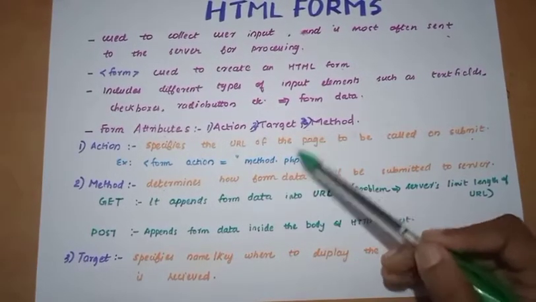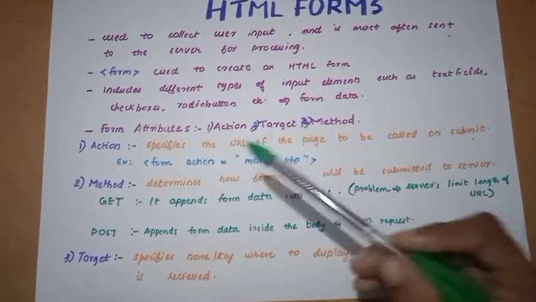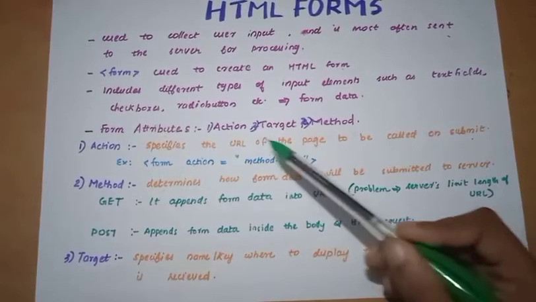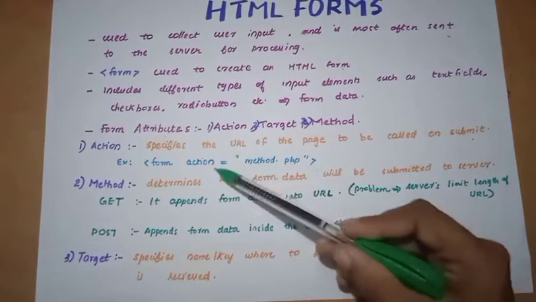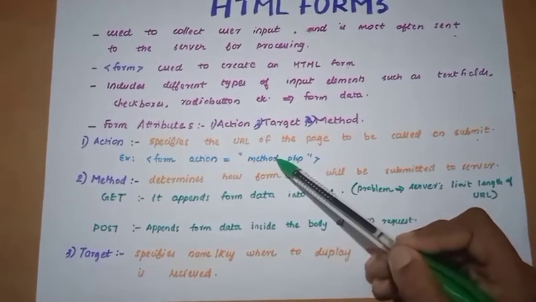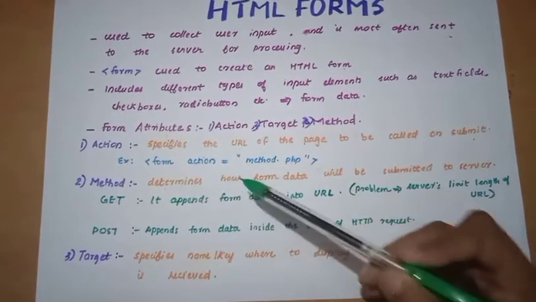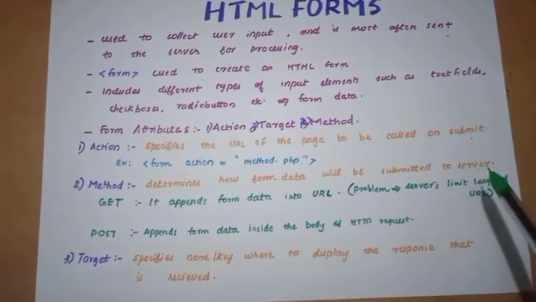So when the user presses the submit button in the form, this action will call the URL of the page mentioned inside the double quotes as its value. Got it? So the next one is method, which determines how form data will be submitted to the server.